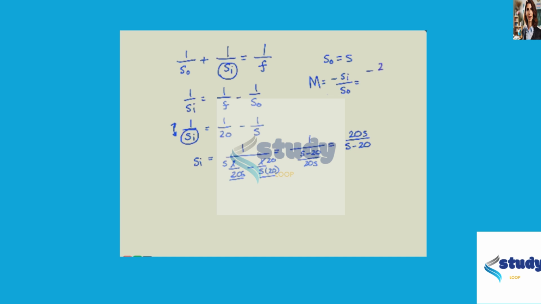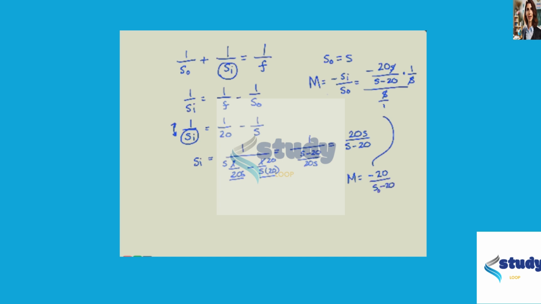So negative 20S over S minus 20, all divided by SO, which I've simplified to S. Okay, a fraction in a fraction, multiplied by the reciprocal. These S's cancel out, and I'm left with a magnification of negative 20 over S minus 20, or SO if we want to put that little O back.